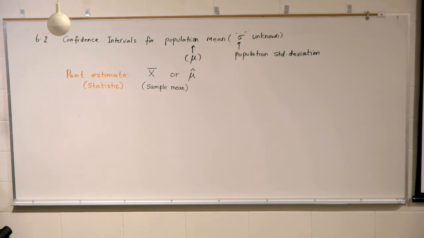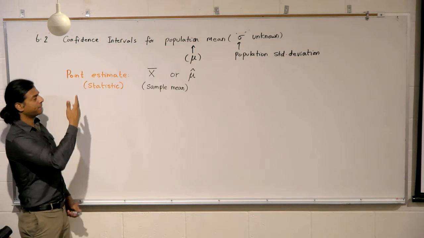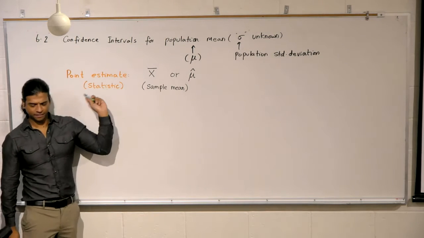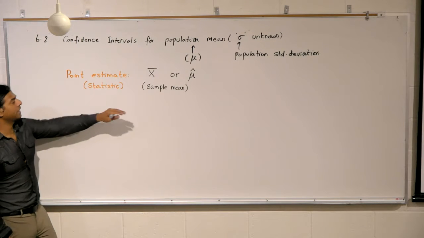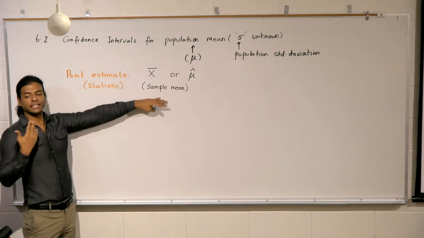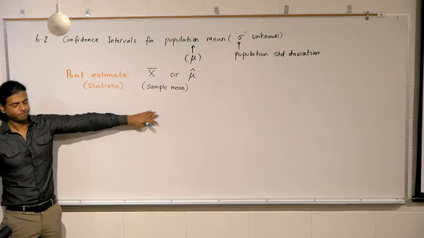We also denote it by the letter mu hat. Mu hat is more formal than X bar, but I believe your textbook uses X bar. So we are going to make use of the sample mean to infer something about the population.